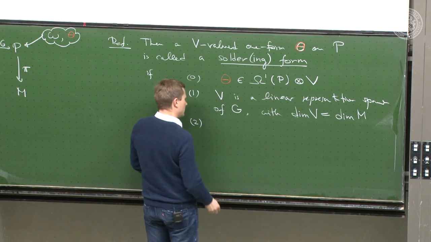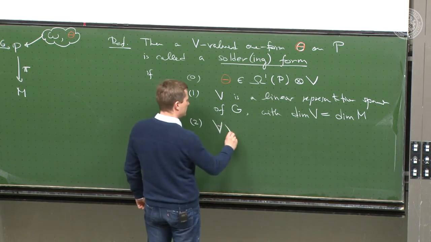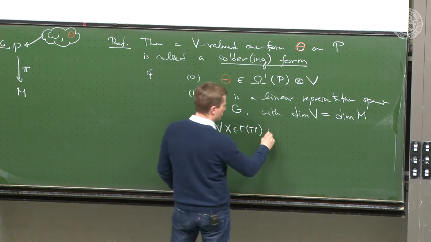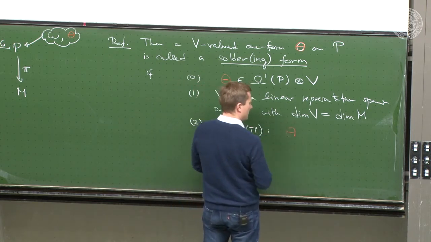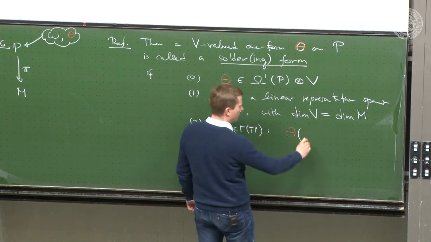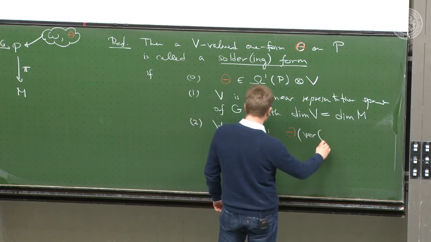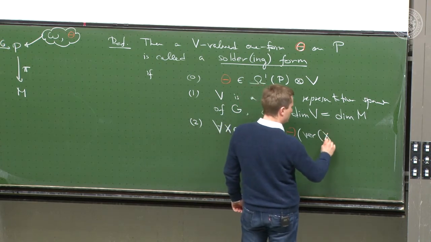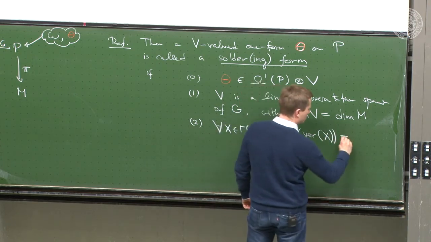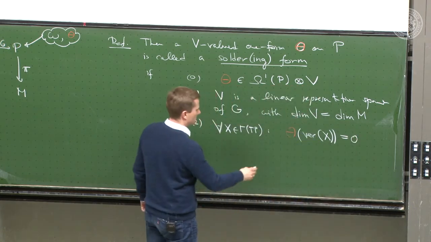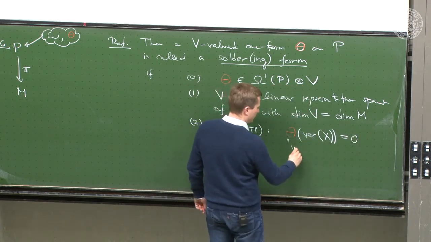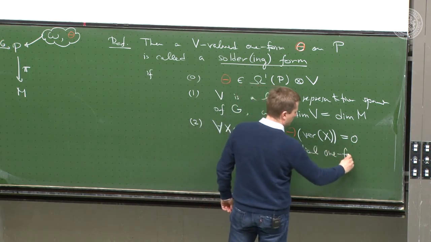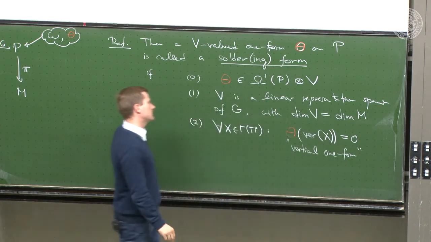That's just a statement that for every vector field on the total space, theta evaluated on the vertical part of the vector field vanishes. So sometimes one calls this a vertical one form on the total space.